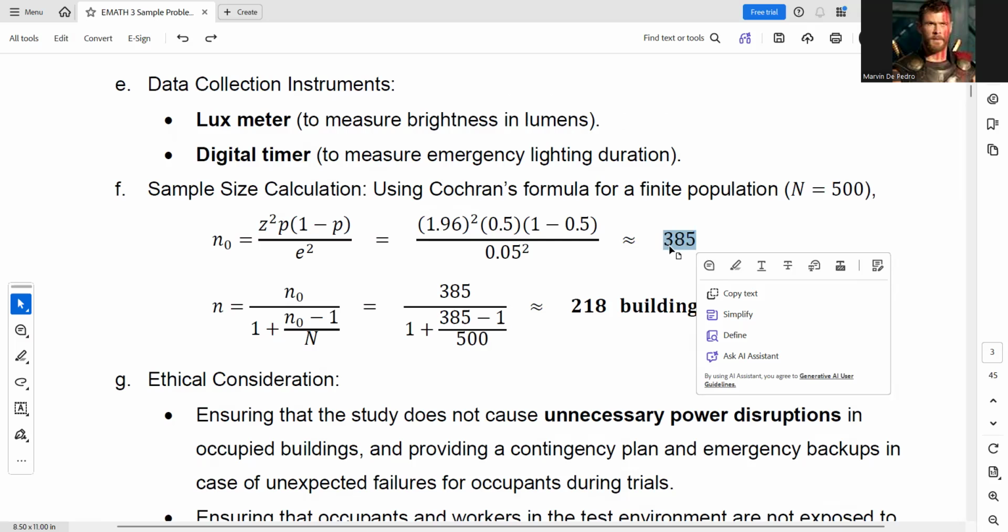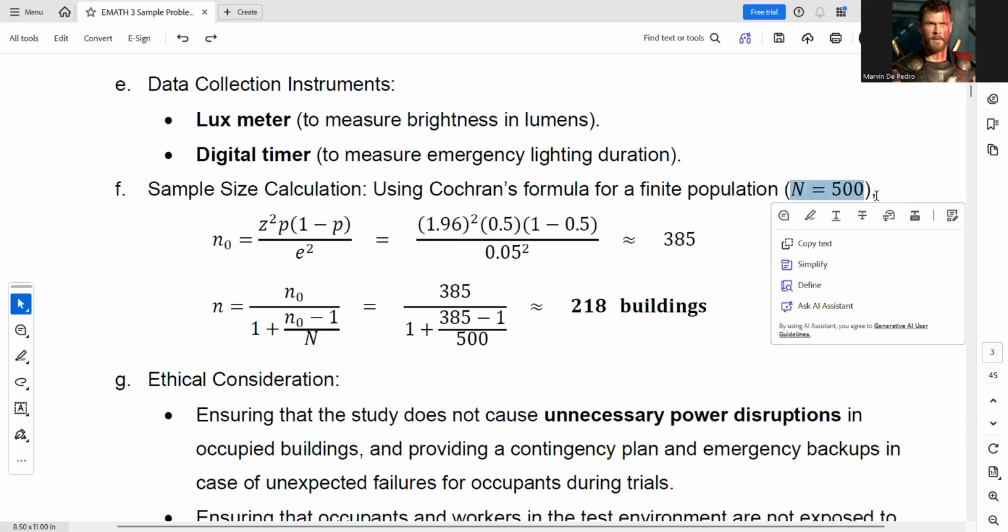But out of 500, if you test 385, that would be too much. So, good thing we know the population is finite. It's only 500. So we can make use of the continuation of this formula. This is for further reducing the sample size required.